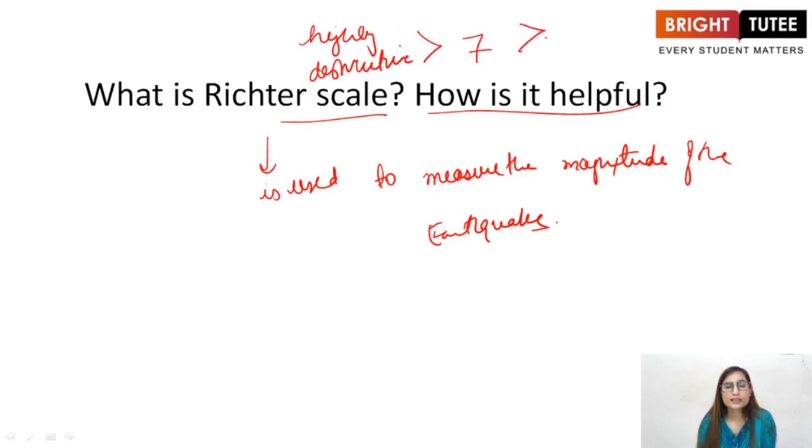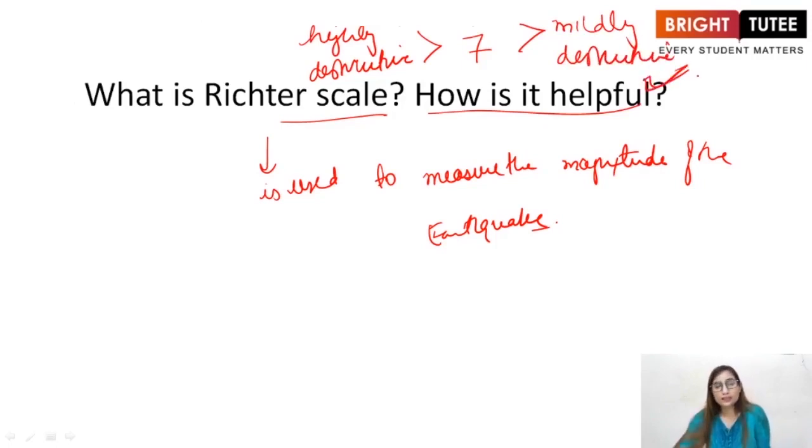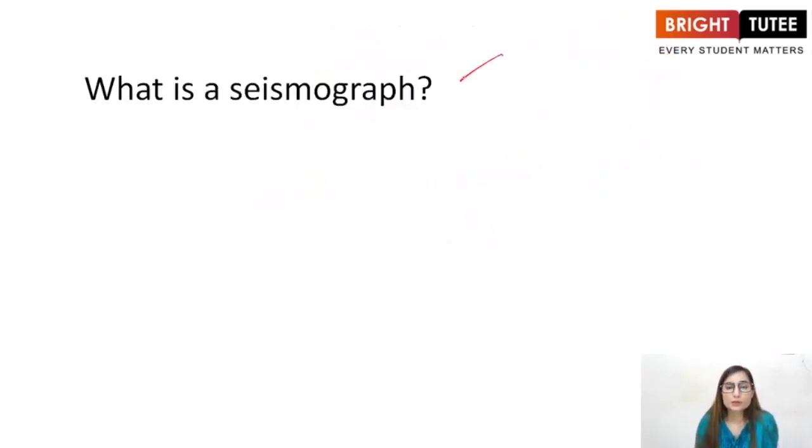If it is less than 7, it is not highly destructive, it is mildly destructive. So it helps the scientists to understand what steps should be taken and what kind of destruction will take place, right? Next question, what is a seismograph?